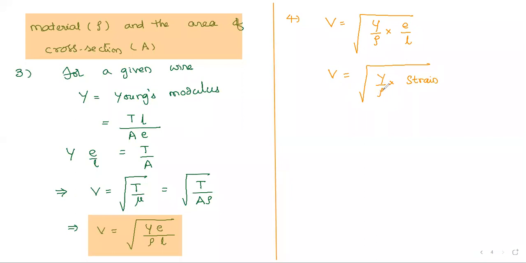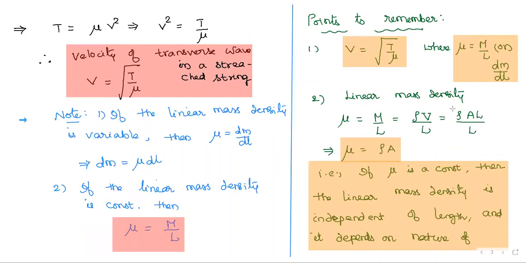So Y into strain divided by rho. This is one more formula for the velocity of transverse wave. So these are the different forms of the velocity of transverse wave.